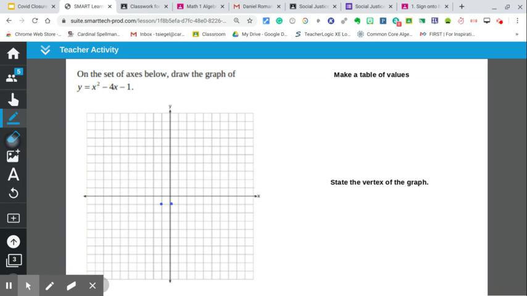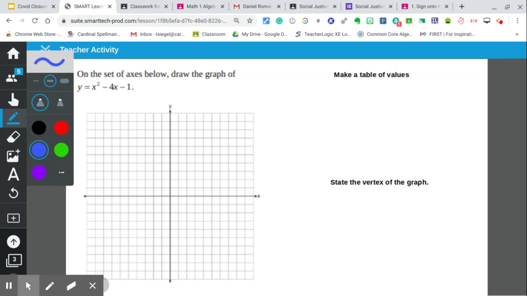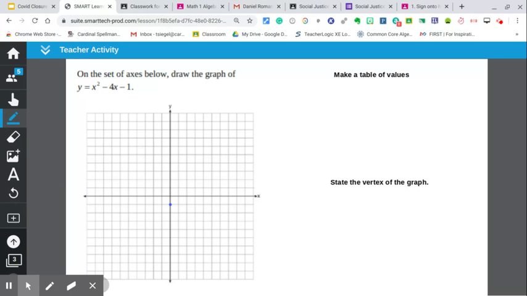Let me erase that one. All right, we'll start over. 0, -1. 1, -4. All right, that's that point there. 2, -5. And then it starts going back up. It's this one, it's this one. Okay, so you get the gist of it. So it comes down, goes around, then comes back up.